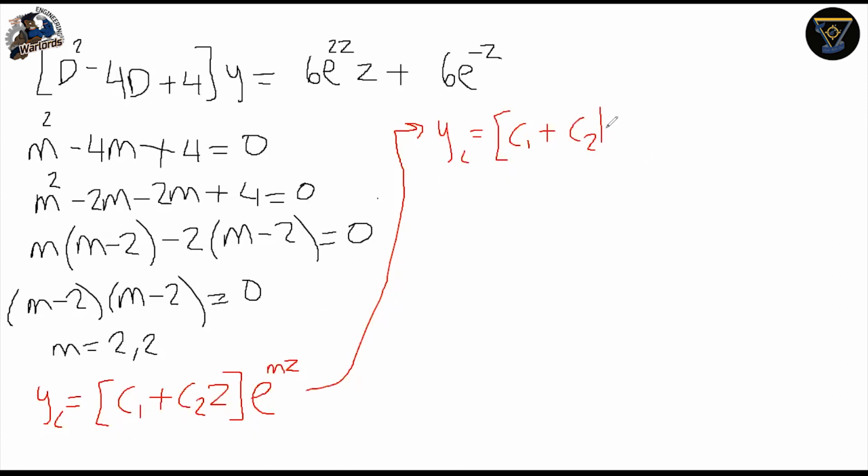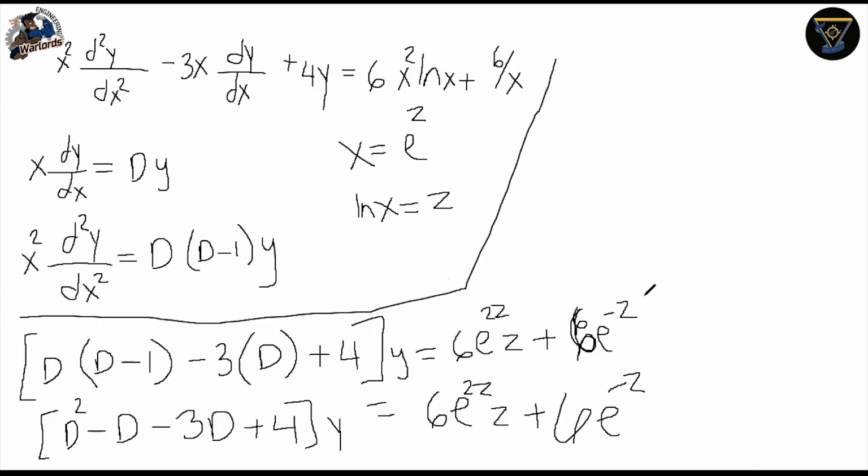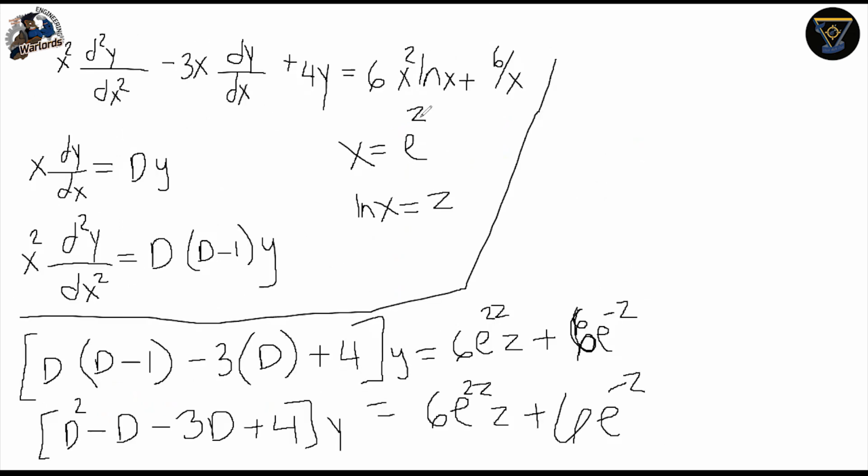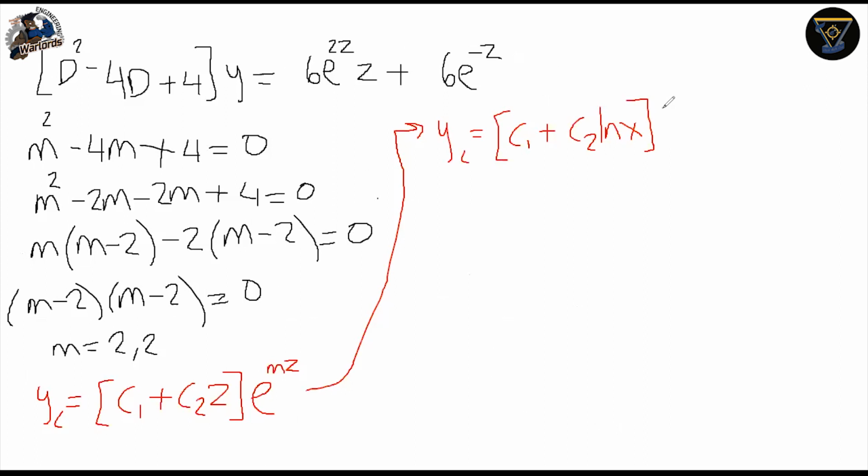So we have ln x, and then you have e to the 2z, right? It's supposed to have e to the 2z because m is 2. However, if you have e to the 2z, that means that here should be x squared. So this should be x squared, and this is your answer for the complementary function.